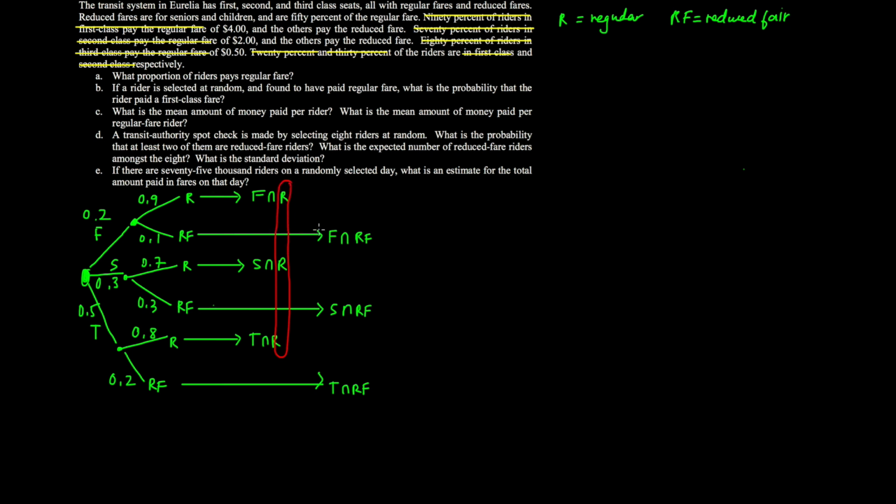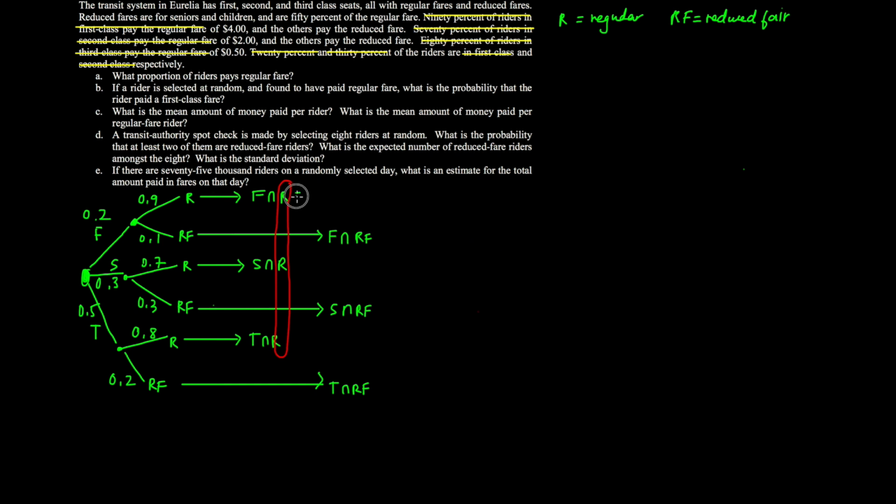We need to determine the probability of regular fare, which can only be done when you add the portion of regular fare that is first class, the portion of regular fare that is second class, and the portion of regular fare that is third class, in order to get all regular fare. You have to add up all its subset elements. So we need to determine these first.